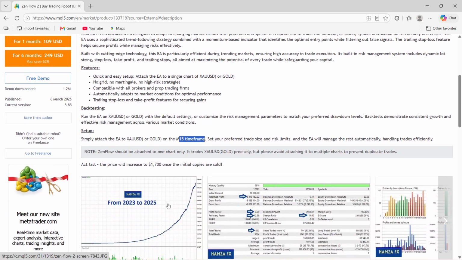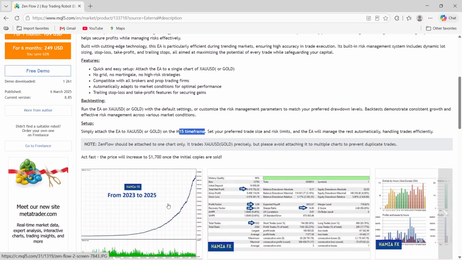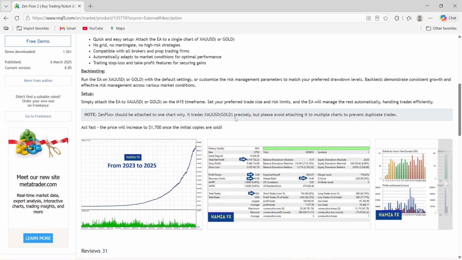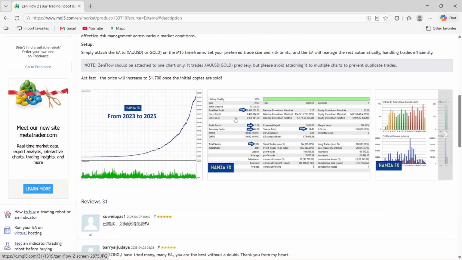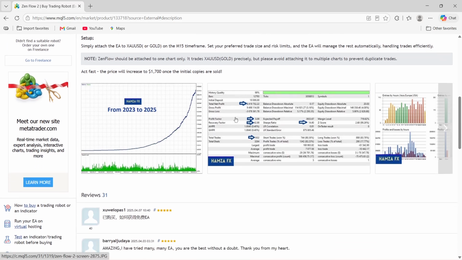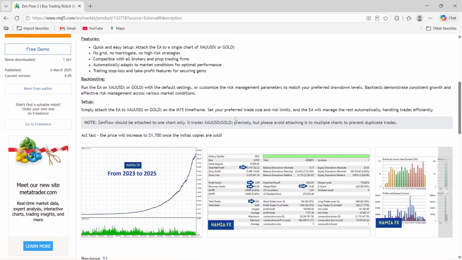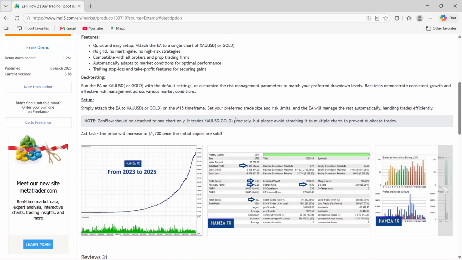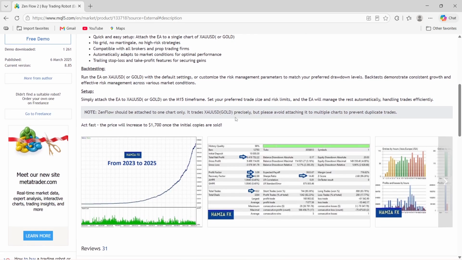All right, they describe the core approach as a trend following strategy that uses a momentum based indicator to find what they call optimal entry points while filtering out fake or false signals. The dev also talks about built-in risk management with dynamic lot sizing, so position size adapts to account balance and in some descriptions to your preferred drawdown levels.